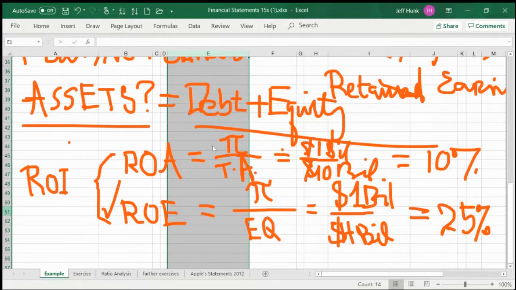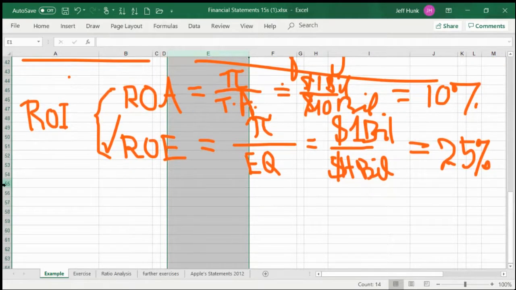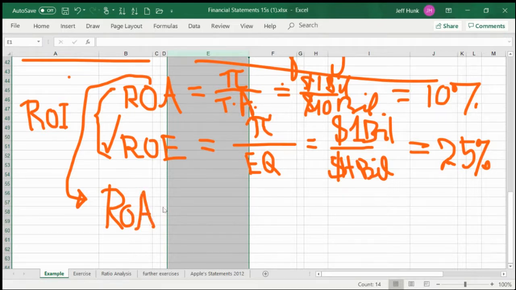Profit is not relevant to the debt holders because it belongs only to the equity holders. So actually there is a variant of ROA for debt holders, right? Because from the debt holders' perspective, using net profit is not a fair measure.